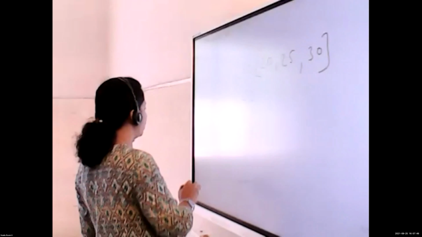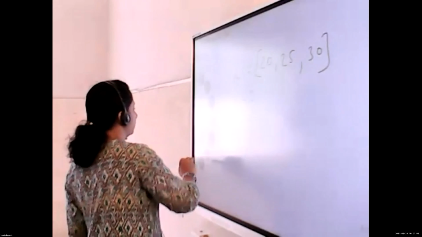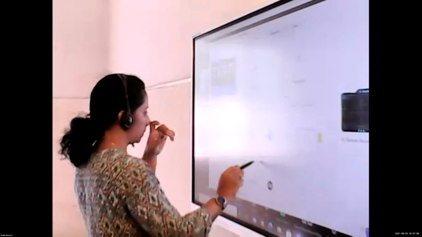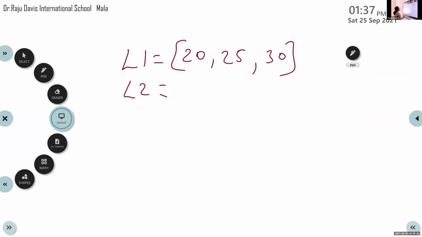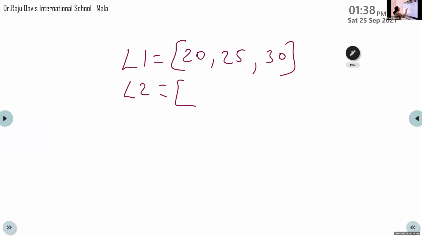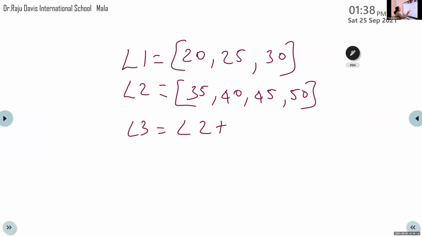L2 is equal to 35, 40, 45, 50. L3 is equal to L2 plus L1. Print L3.